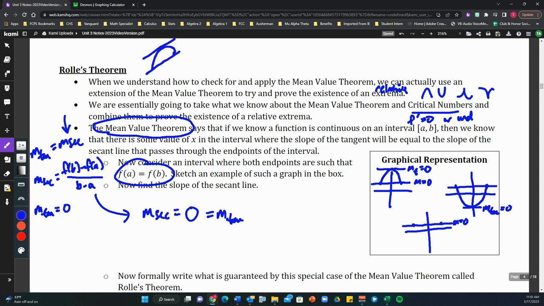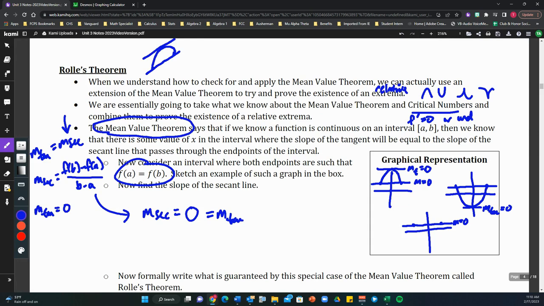And then the third case, which is referred to as a trivial case, is that the actual function could just be a constant line. So it could just be the line y equals f of a, or whatever f of a or f of b are equal to. If that were the case, then the conditions still work out and we still have the final result.